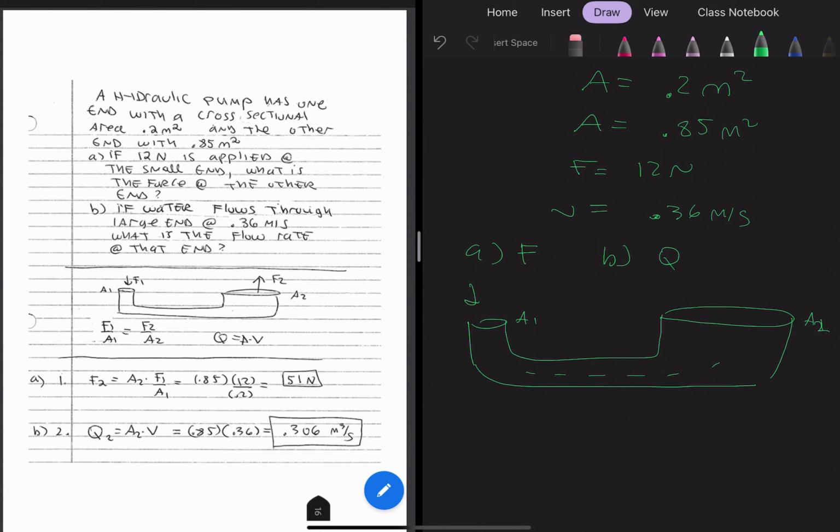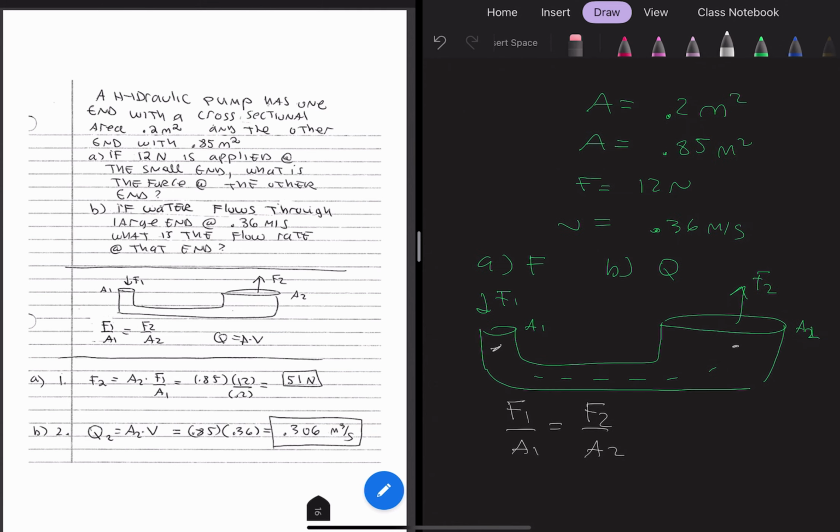If you apply a small force F1 on the small side, you're going to generate a big force F2 on the other side. And the equation for Pascal's principle is based on the pressure on the small side being equal to the pressure on the other side. The equation comes out to be F1 over A1 is equal to F2 over A2.